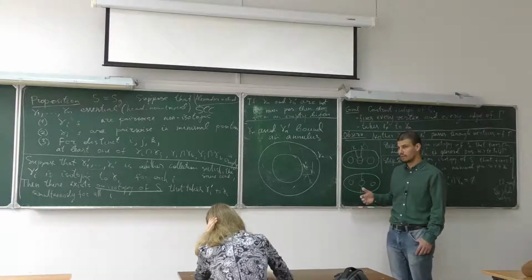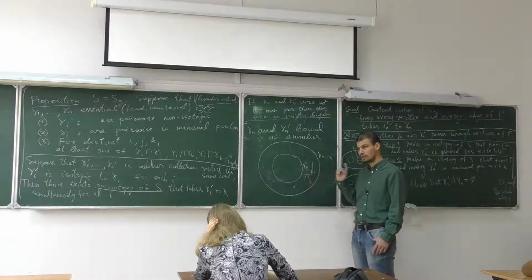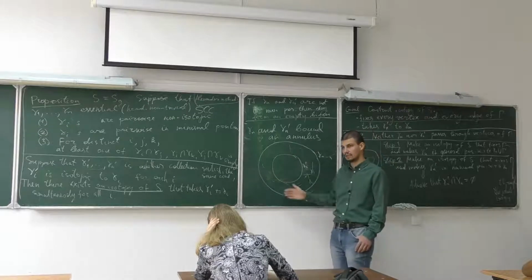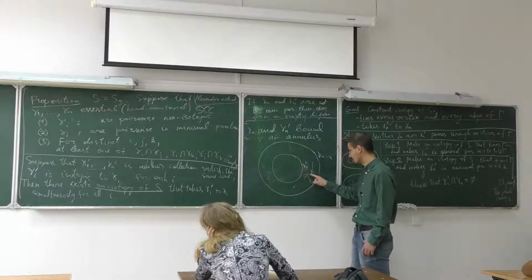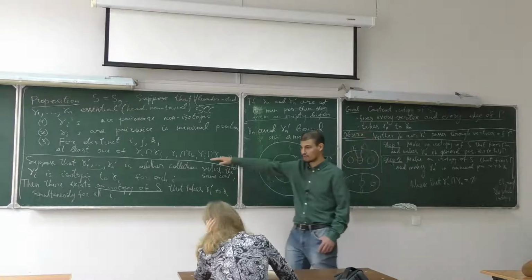So the only possibility is that one of the curves gamma i and gamma j is completely contained in this annulus. If both intersect the boundary of the annulus, we come to a contradiction with this condition.